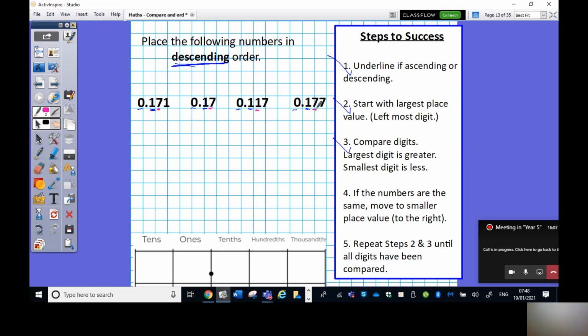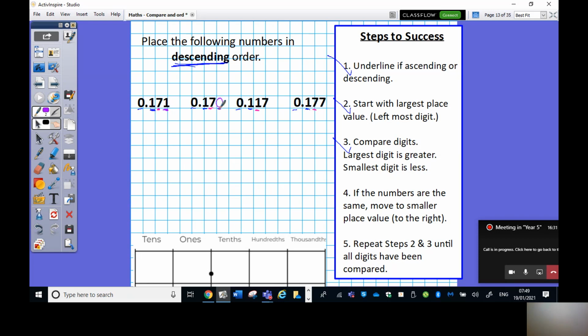I'm going to move on to the next place value because the rest of them are 7, and we know that 7 is greater than 1. Let me choose a different colour. And now we have the thousands. So we have 1, this one doesn't have 1. But actually I'm going to put a placeholder there to help me.